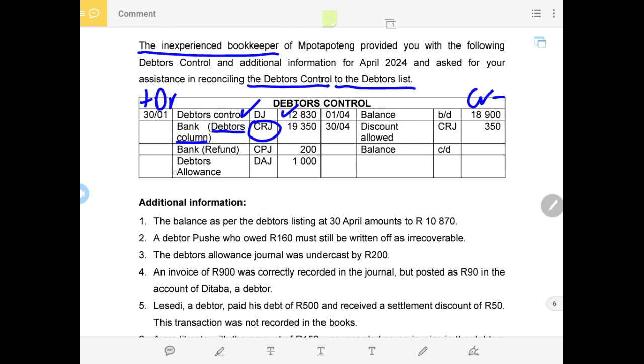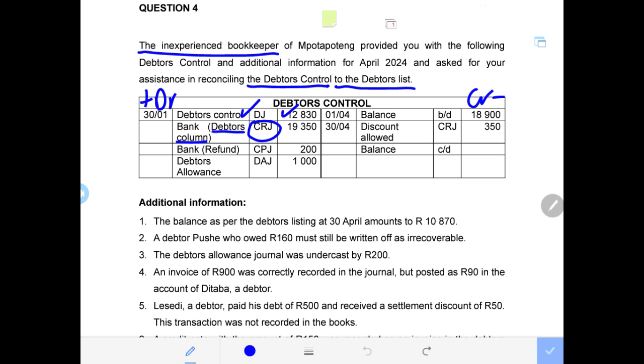Then we have debtors allowance. Remember, this is coming from the debtors allowance journal. Debtors allowance is when the customer returned something back to us and we accepted the return.